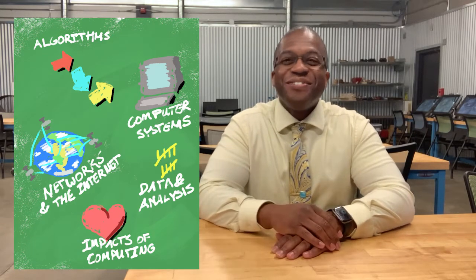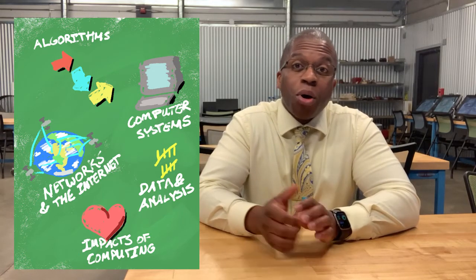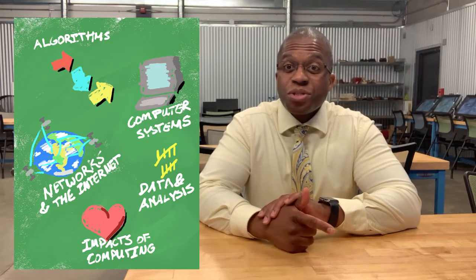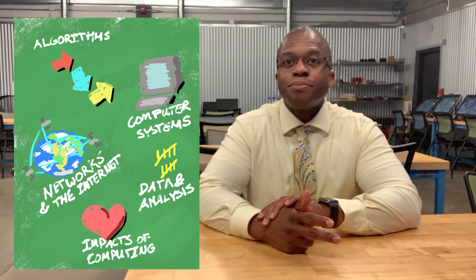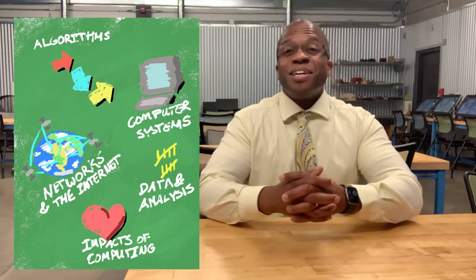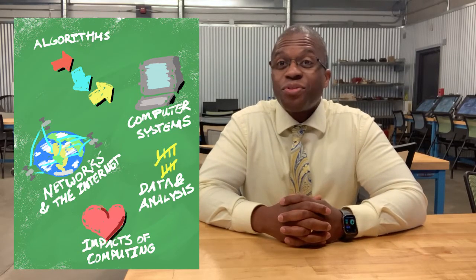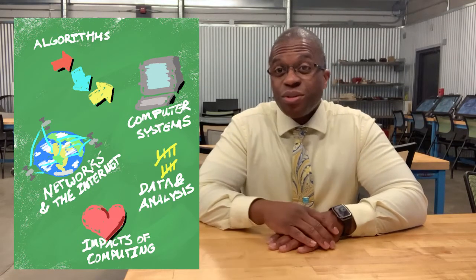There are five categories within the California Computer Science Standards: algorithms and programming, coding, but there's also data and analysis, computer systems, networks and the internet, and I think I said four, and impacts of computing, because we want the students to make solutions that serve everyone. All right, so this standard is in impacts of computing.